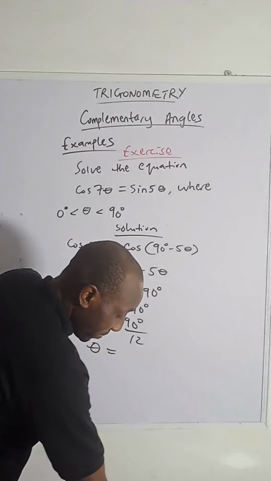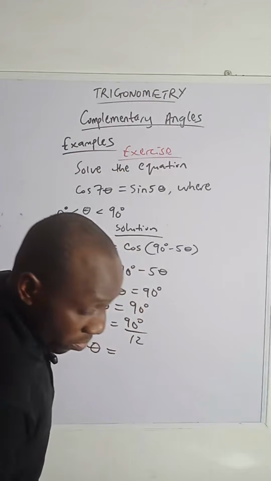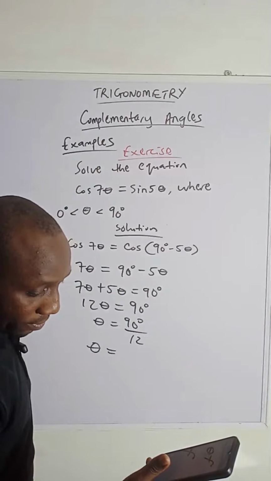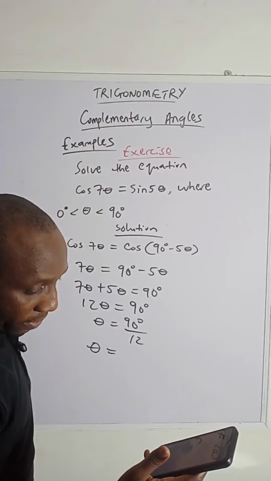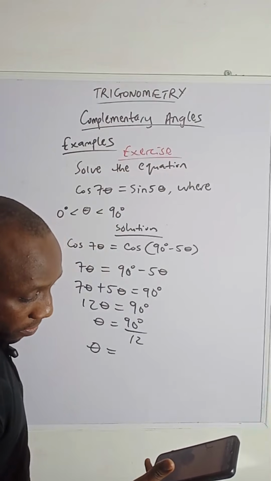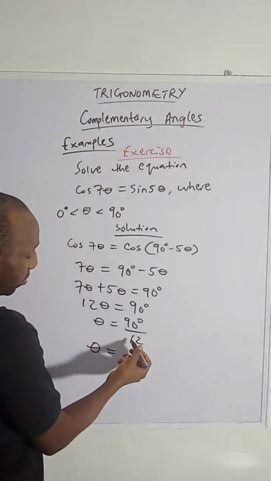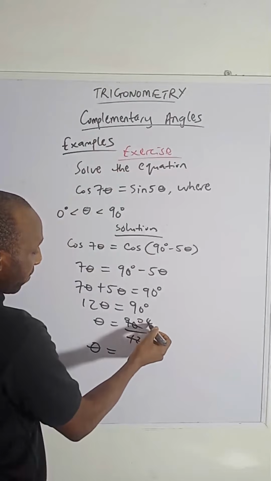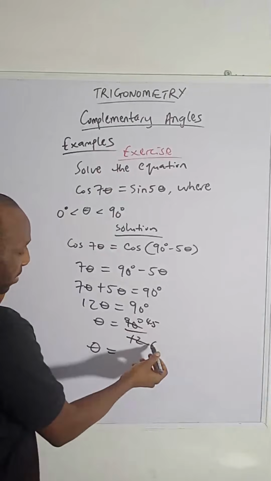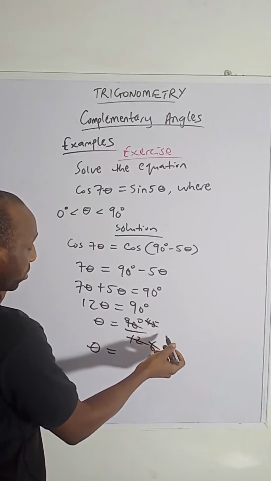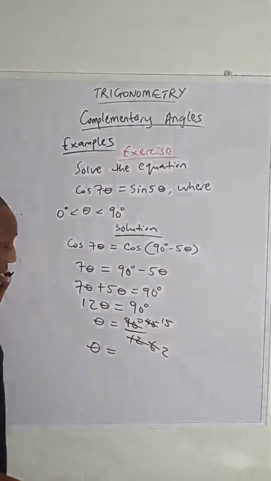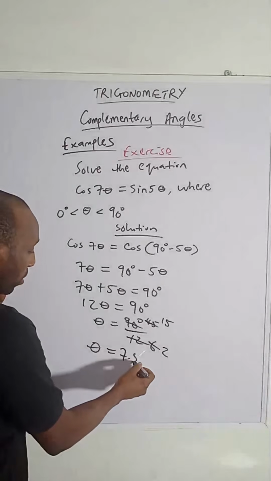Do you know what that is? At least you can do that. Okay, good, 7.5. So let's just do this for the others. I think I said 7.5 earlier, correct me if I'm wrong.